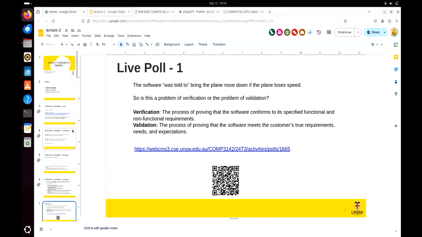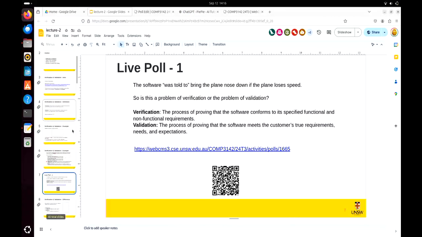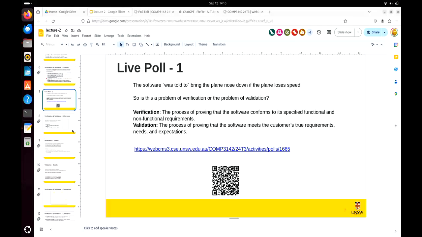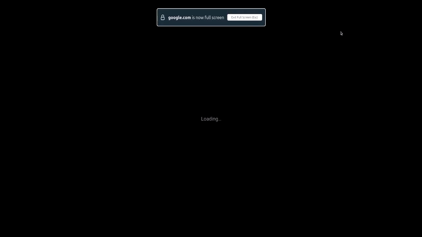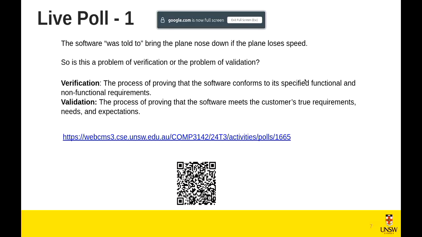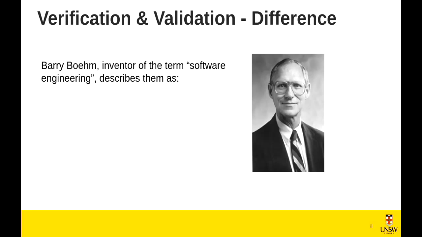In reality, most of the software running on a plane has been formally verified by experts. Not the entertainment software, but those flight control related software. So let's come back to the difference between verification and validation.